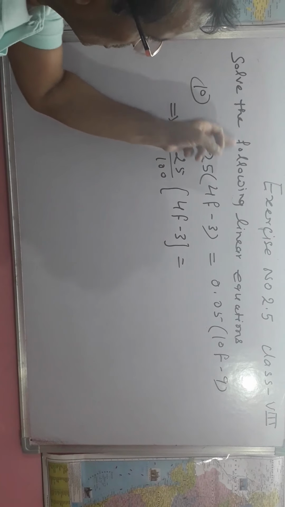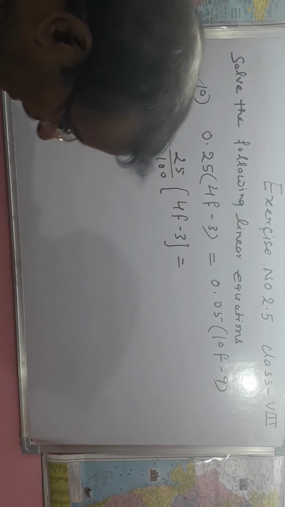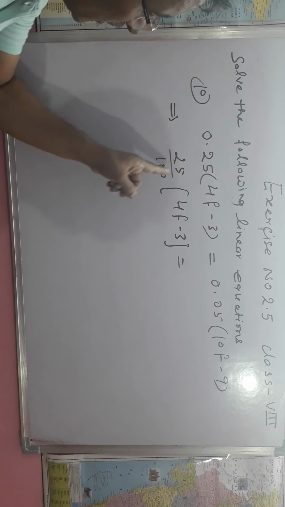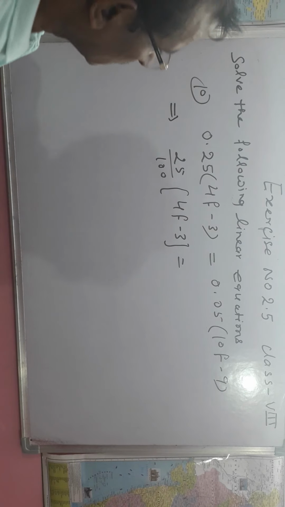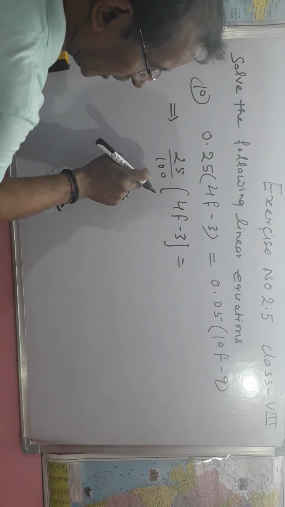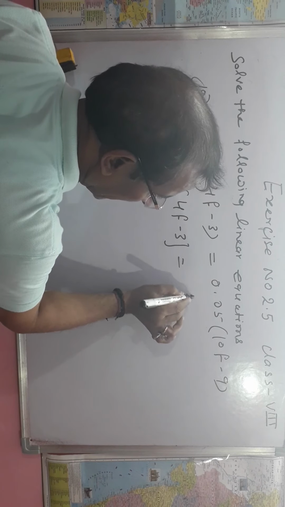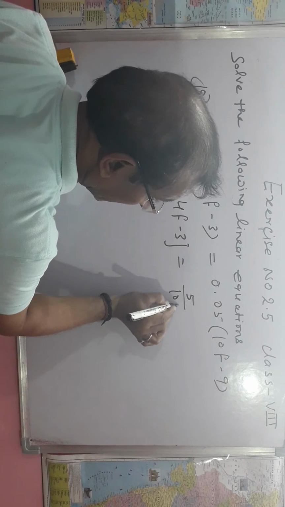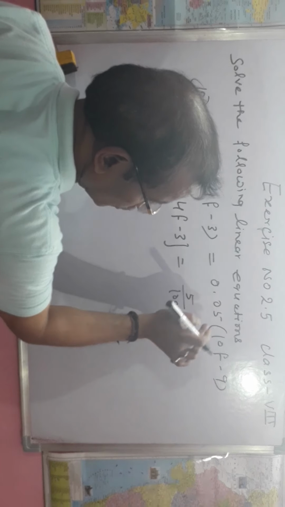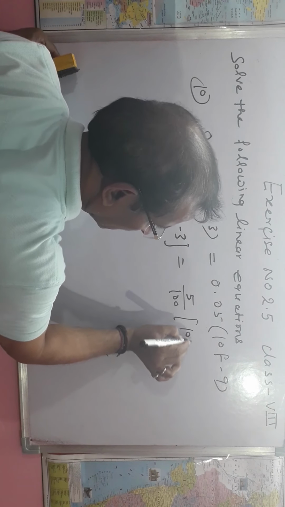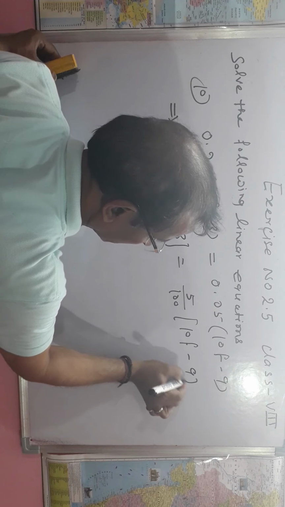We reduce the decimal and convert the decimal into a fraction, so we have to divide by 100. 25 upon 100, that is equal to this. We can write 5 upon 100 here because the decimal has 2 places after it, so we have to divide by 100. (10f minus 9).